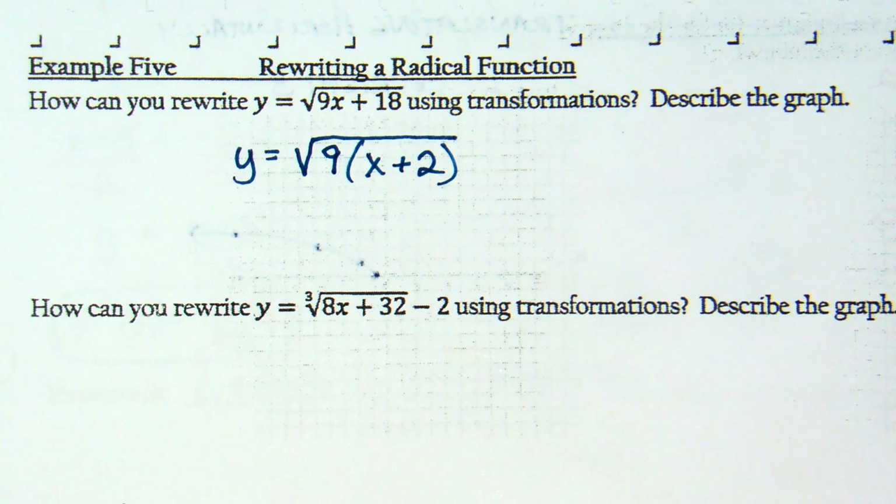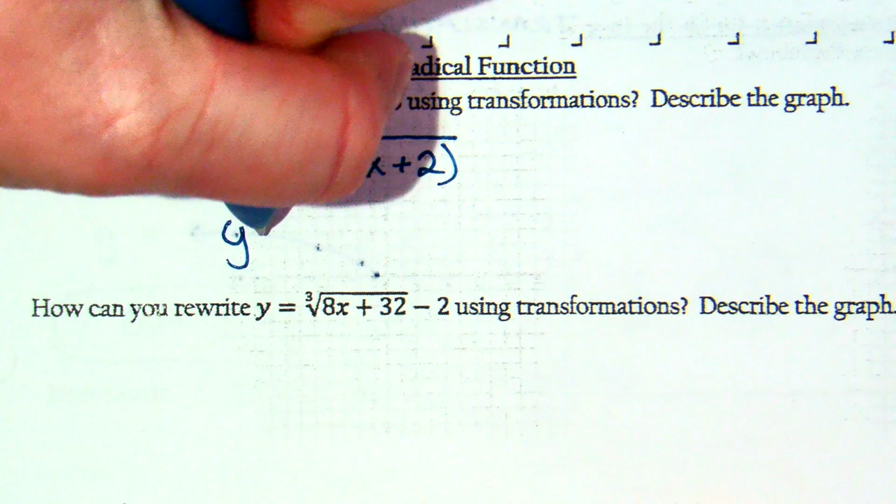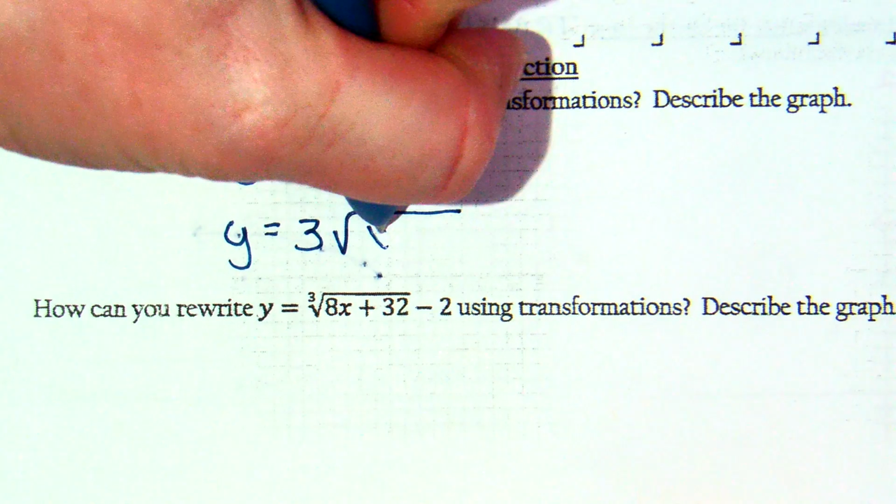It's a perfect square. And because it's 9 times another factor, you can take the square root of one and not the other. So the square root of 9 is 3. Where am I going to put that 3? Outside. And so we can rewrite this as y equals 3 times the square root of x plus 2.